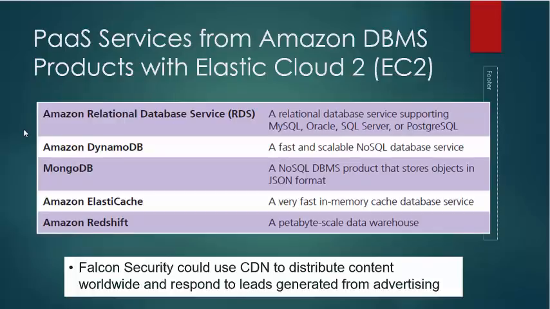And here's some examples of platform as a service and the different companies that offer that. So here's the Amazon Relational Database. They support these following databases: MySQL, Oracle, SQL Server, which is Microsoft, PostgreSQL, I think it's open source, and some others.